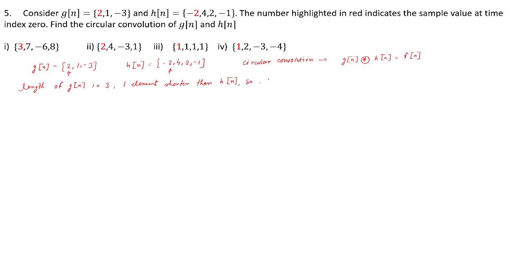Hence the sequence gn must be padded with one 0 for circular convolution with hn to be valid.